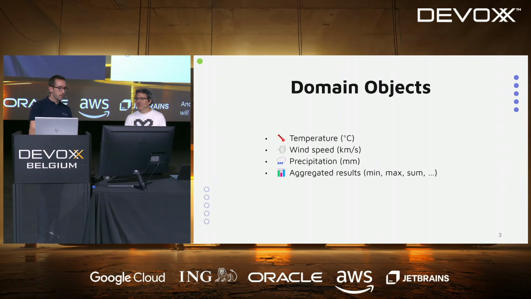For that, we will be manipulating some simple domain objects to represent weather information, temperature, wind speed, precipitation for rain and snow, and we will have some aggregated results. We will be computing minimum, maximum, sum. So really basic stuff, but on a huge amount of data.